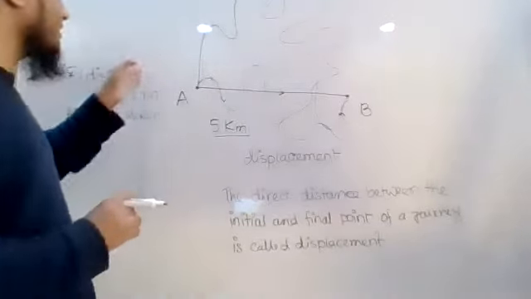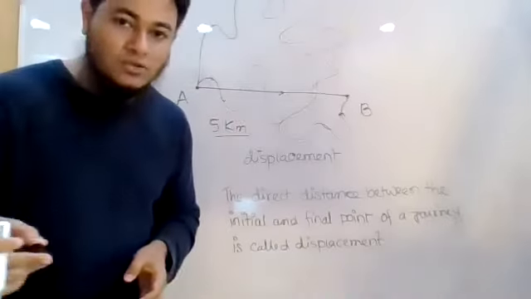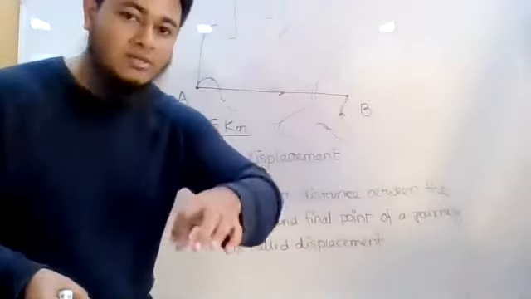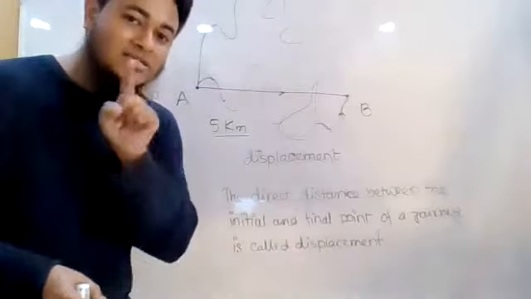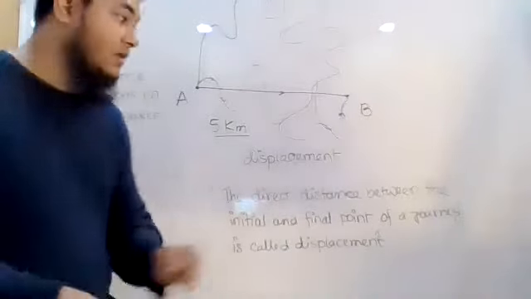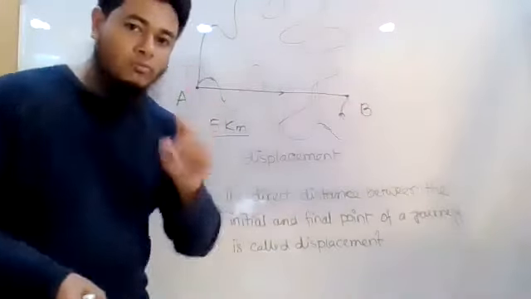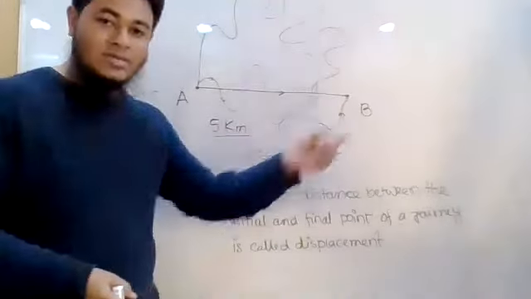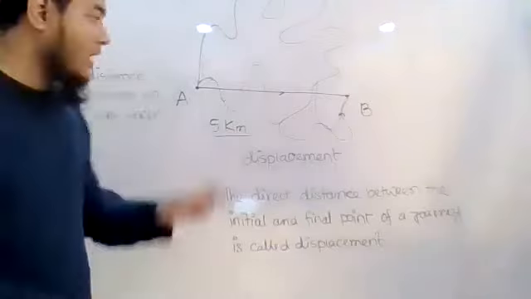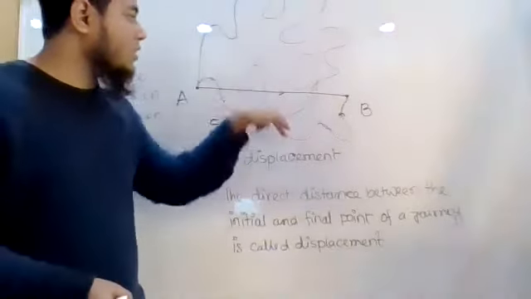Distance will change depending on the path that you have taken. If you take a longer path, the distance will be more, but the displacement will always be the same. If you keep these two points fixed, you are traveling from A to B. One person went straight, his displacement is 5 kilometers. Another person took this longer path.